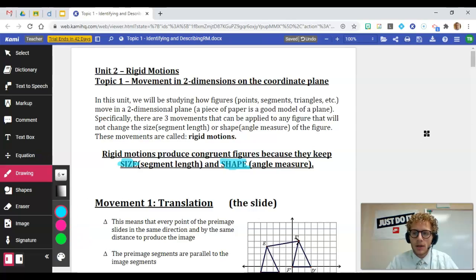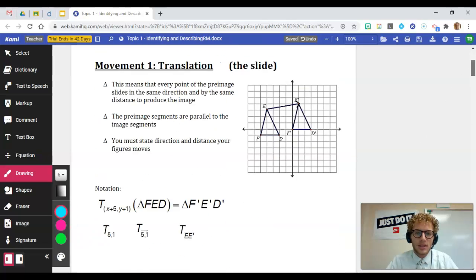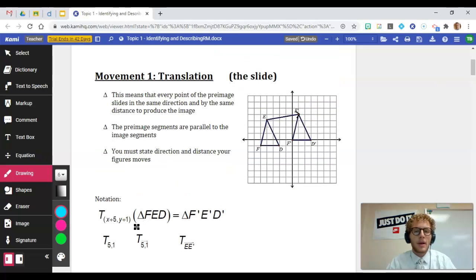So the first one that we're going to talk about here is the translation, which is otherwise known as the slide. When we're dealing with these things, as I talked about in my class, every triangle is not just being slid. It's not that you're taking the triangle and sliding it. You're taking every specific point in that triangle.